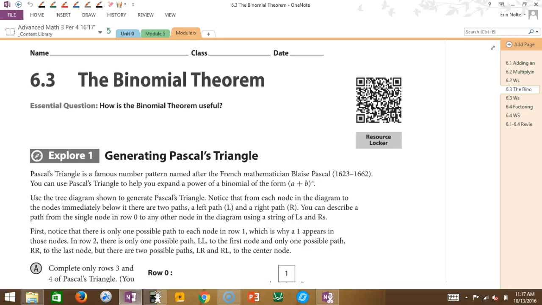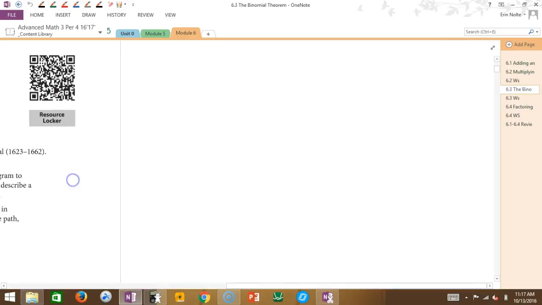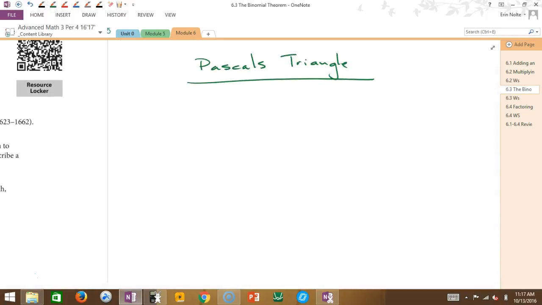What I'm going to do is start drawing this triangle, and this triangle has a pattern. I want you to see if you can figure out Pascal's triangle. So this is Pascal's triangle. You ready?